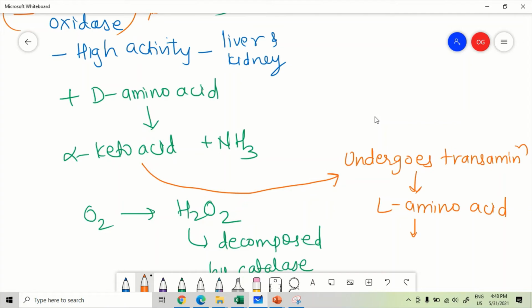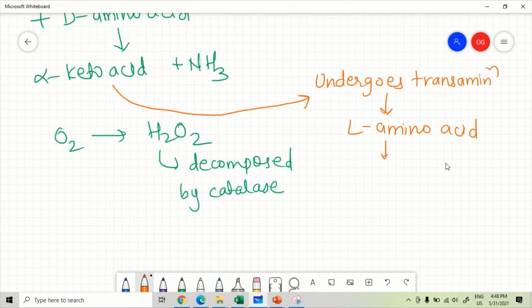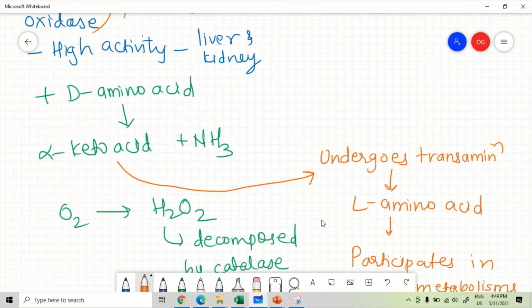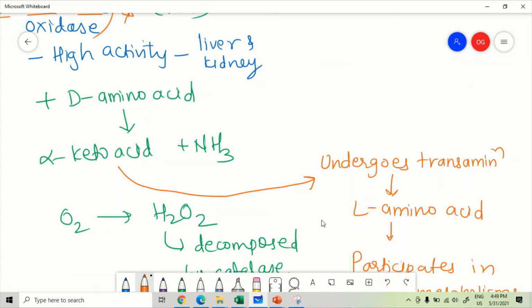And this L-amino acid then participates in various metabolisms. The alpha keto acid formed over here is also very important. This alpha keto acid oxidizes and generates energy.